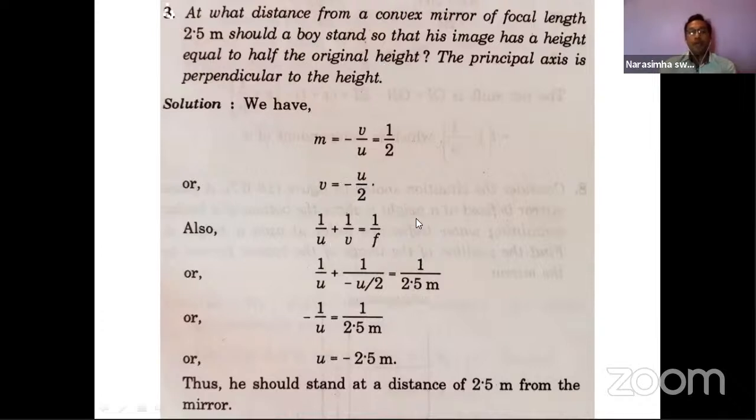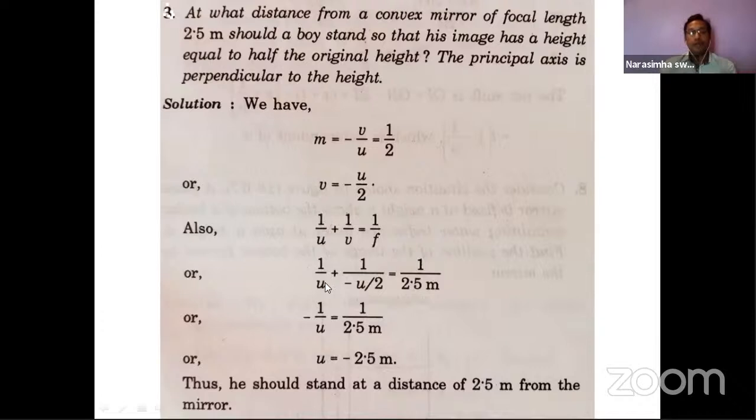Now we also have the formula 1 by u plus 1 by v is equal to 1 by f, and we need 1 by u, that is the object.